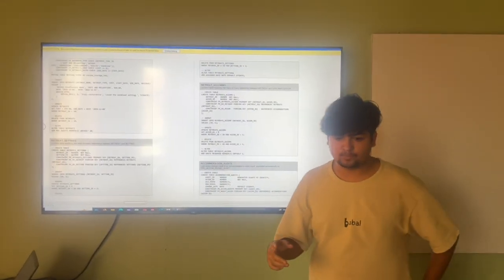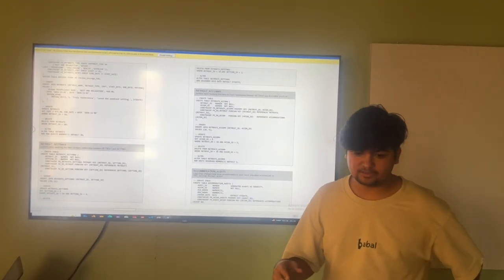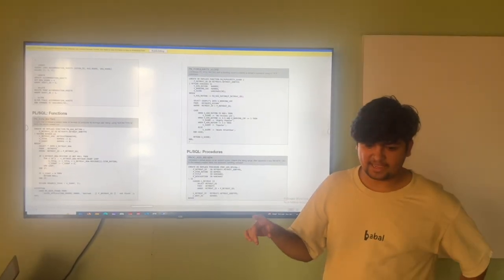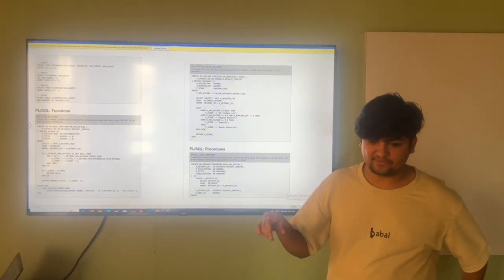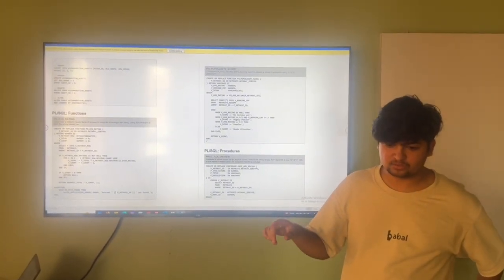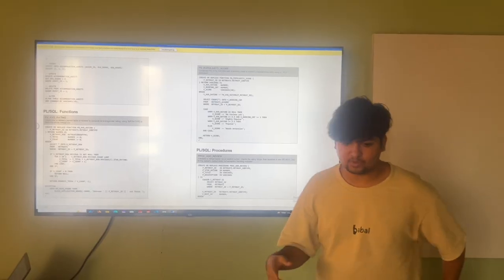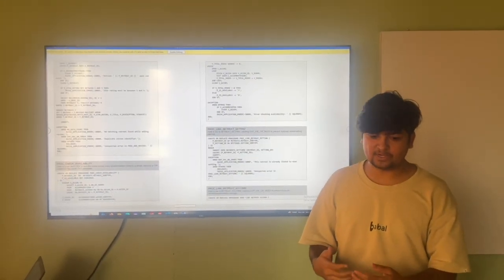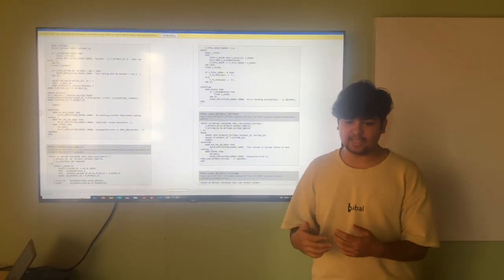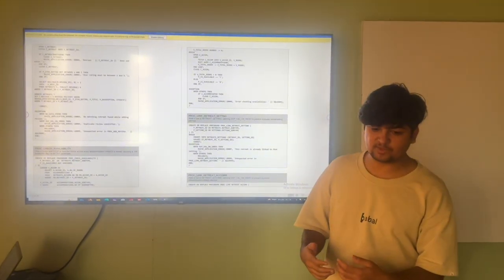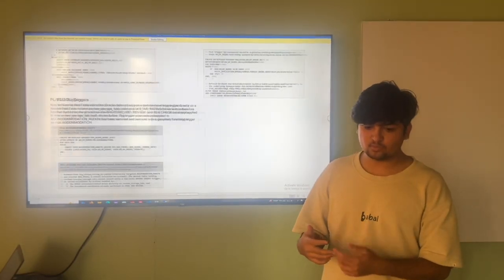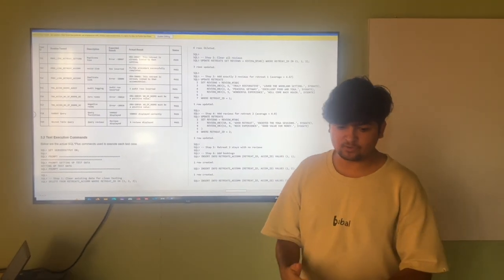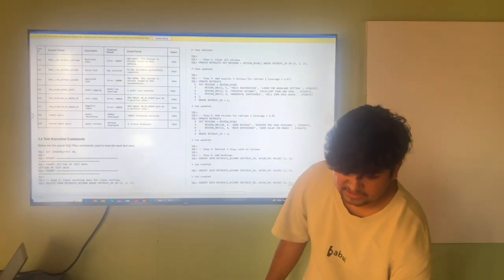Third is PL/SQL functions named fn_average_rating and fn_popularity_score, and fourth is procedures with full exception handling, and fifth is two triggers for auditing and data integrity, and sixth is 19 test cases with a 100% pass rate.